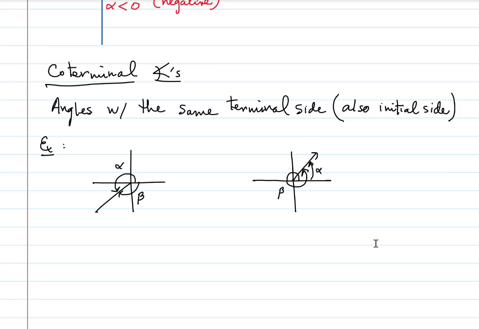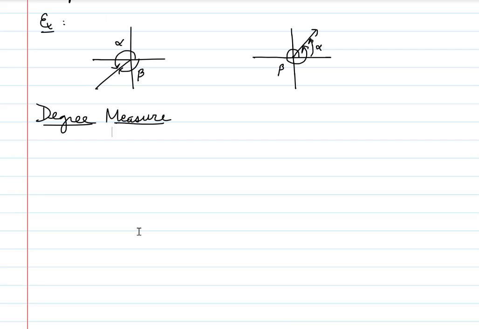Before we start doing some concrete examples with actual numbers, let's go ahead and define the first measure for angles. The degree measure comes from something we've been using over years and centuries: one revolution is 360 degrees.